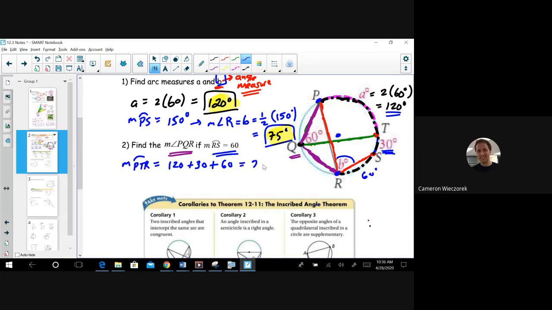That's going to be 210. Okay, so that big giant black dotted arc that I just made is 210, which means angle PQR has to be half as big, because that's where I trace my fingers back to get the inscribed angle. So that's going to be half of 210, which is going to be 105 degrees. So that's this angle right here. That whole thing is 105.